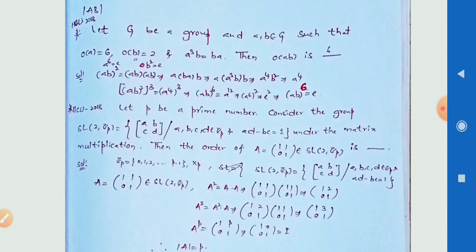Here a power 6 is e, and e square becomes e. Then (AB) power 6 is equal to e. Therefore the order of AB becomes 6.